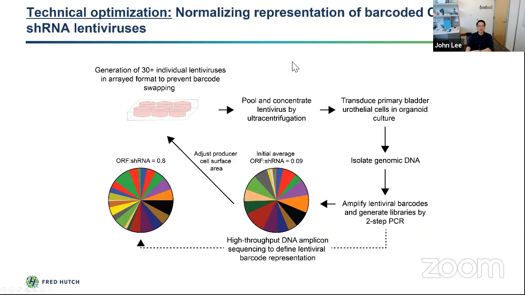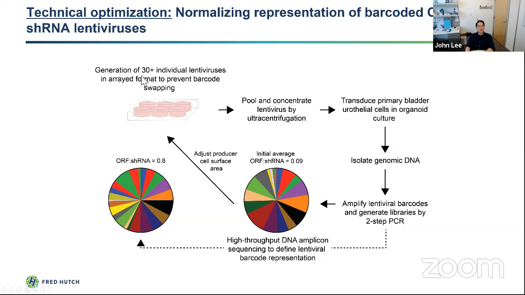The last thing that we needed to do was to optimize the generation of our lentiviruses. One could anticipate that with barcoded open reading frame lentiviruses and short hairpin RNA lentiviruses, the size of these constructs will affect the production of lentiviral virions.